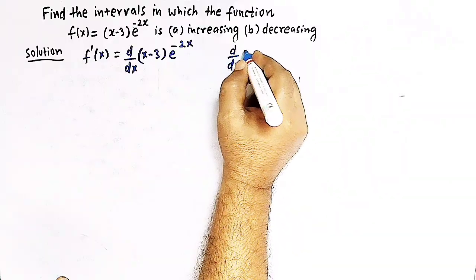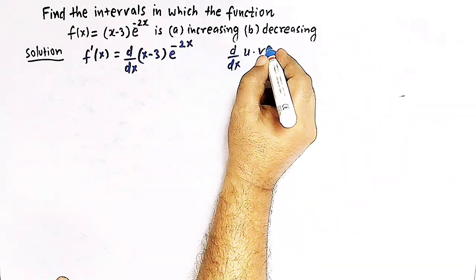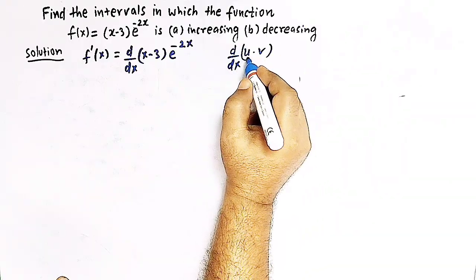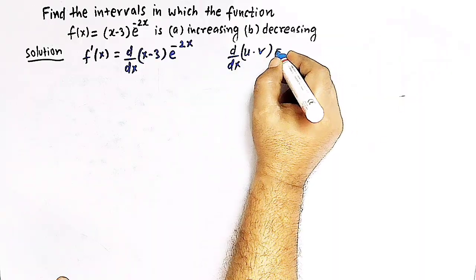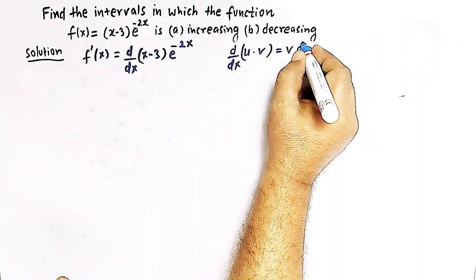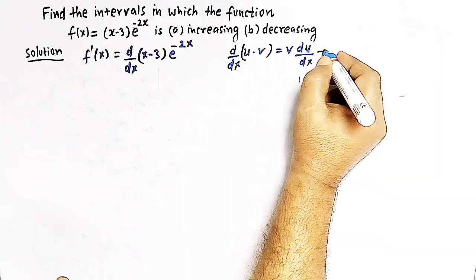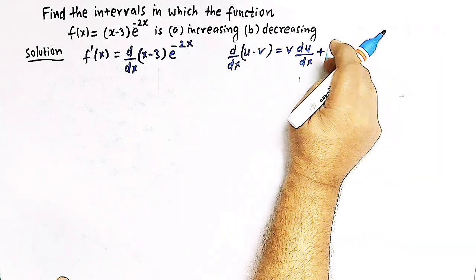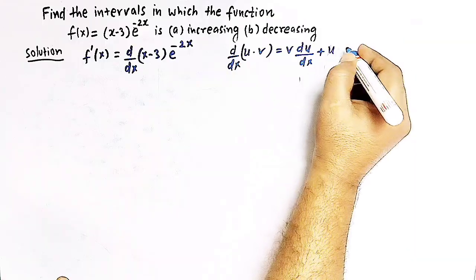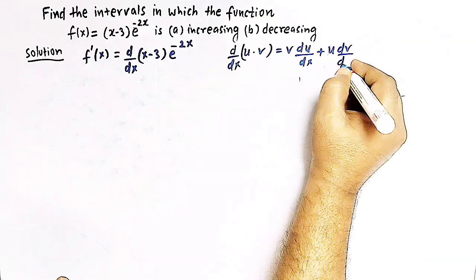That is, if we have the product of two functions of x, say u and v, then we have v times the derivative of u with respect to x, then we have here u times the derivative of v.